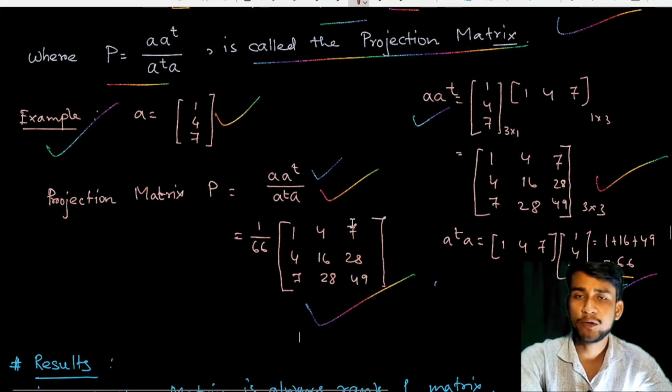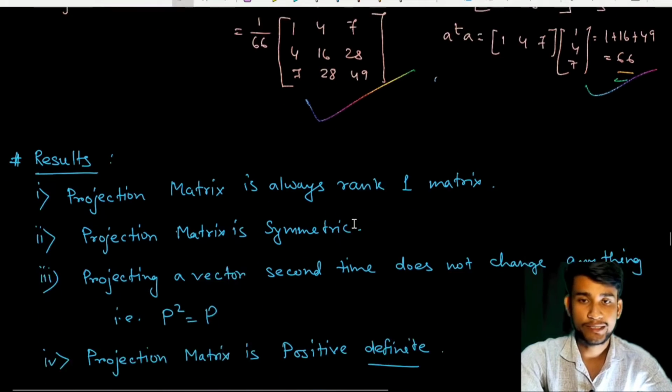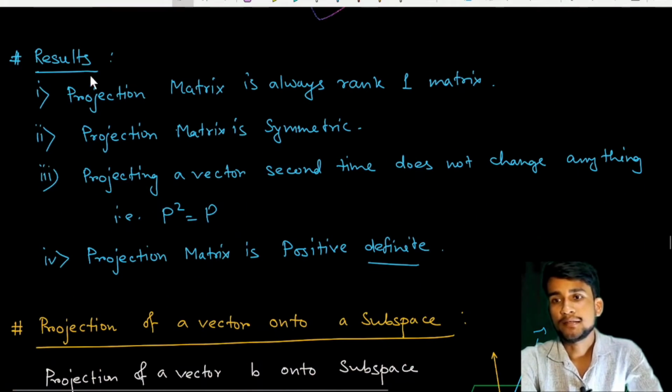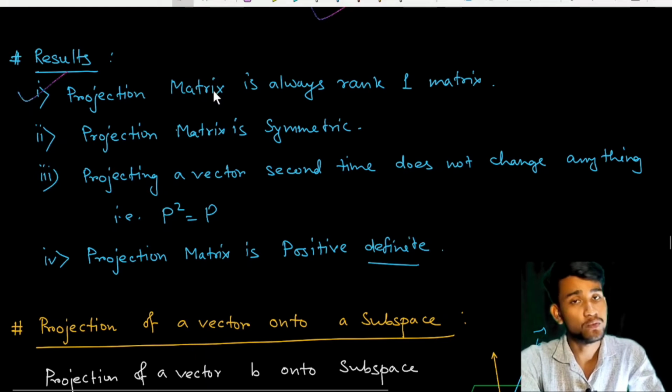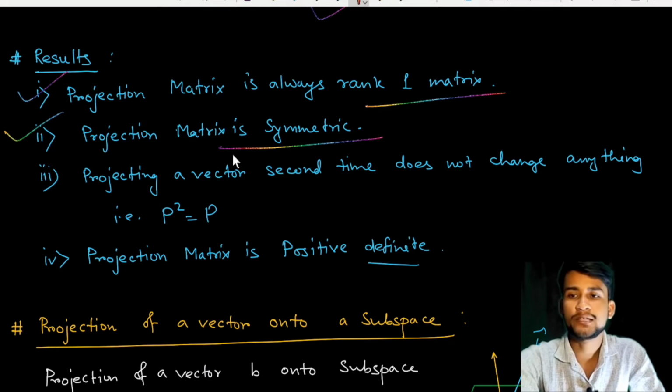So this is very important. You can check and recall this formula once before going to the exam hall. And the results on the projection matrix: a projection matrix is always a rank 1 matrix, and a projection matrix is a symmetric matrix.